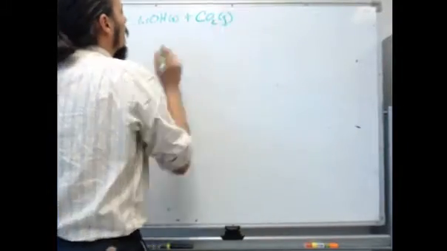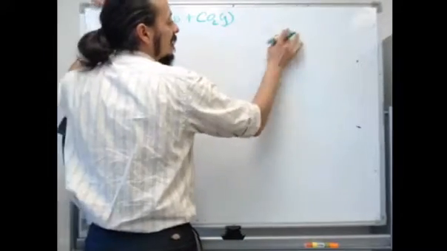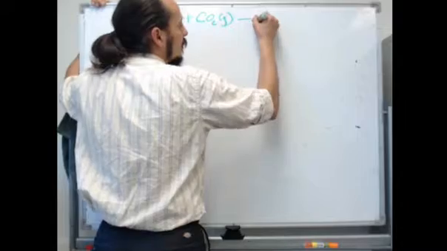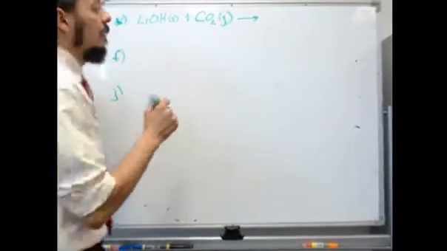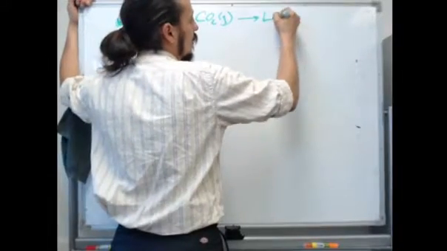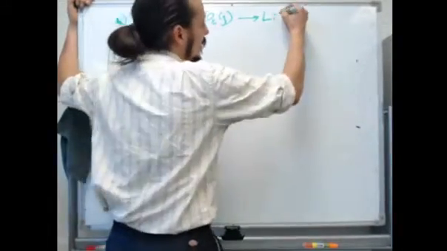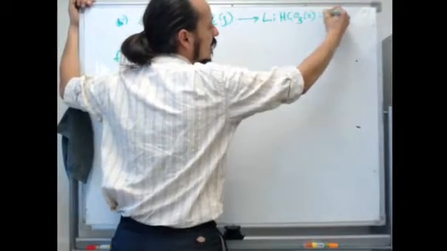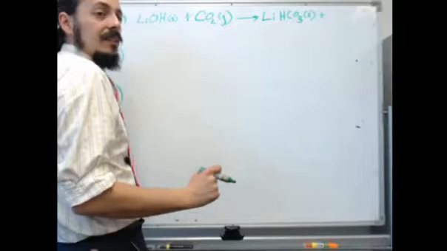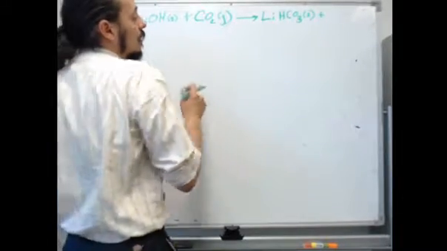So I'll write lithium hydroxide plus CO2 gas. The sentence says will produce, so I'll put my arrow to the product side: solid lithium bicarbonate. Do we remember what bicarbonate is? LiHCO3, solid. Does it produce anything else? Nope.